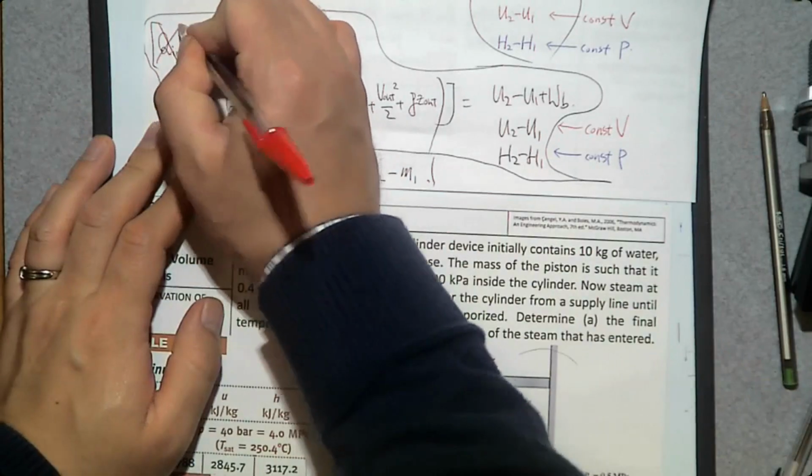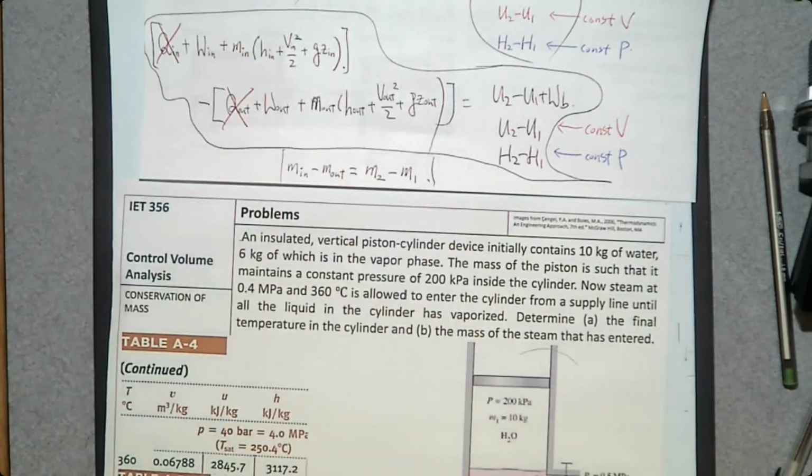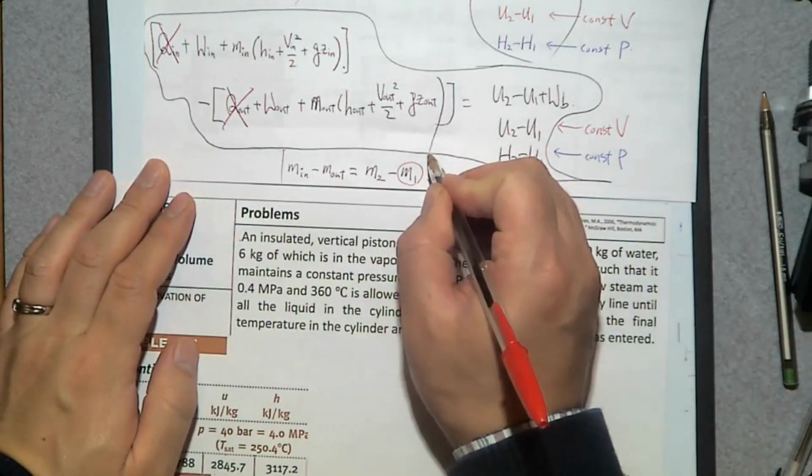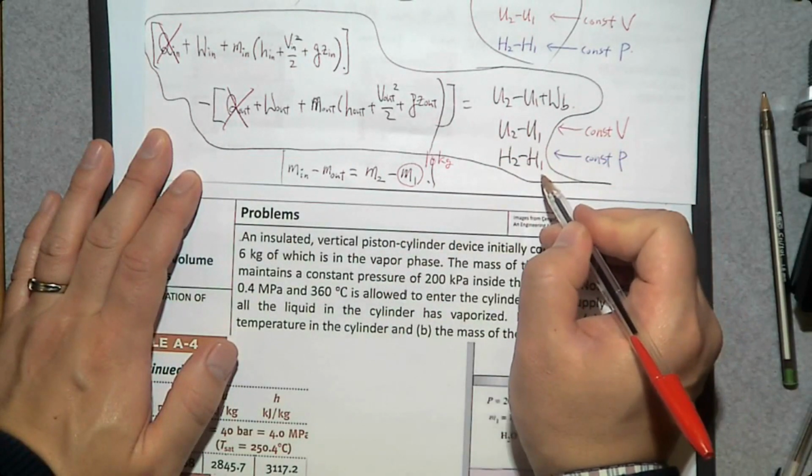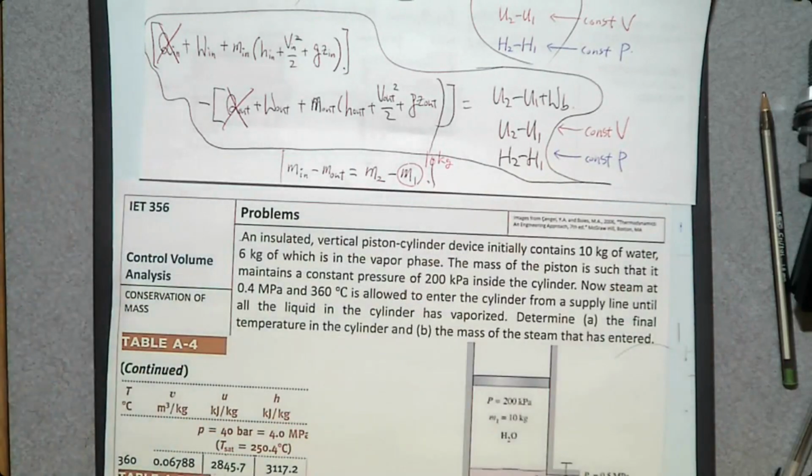It initially contains 10 kilograms of water, so M1 is 10 kilograms, and 6 kilograms is vapor phase. So 4 kilograms liquid, 6 kilograms vapor, so it's a mixture.